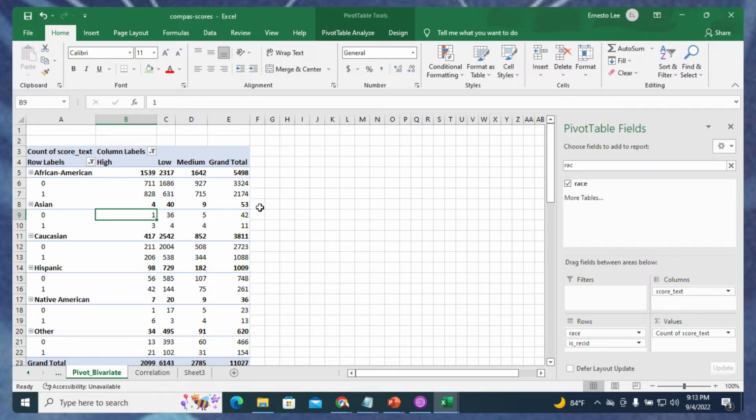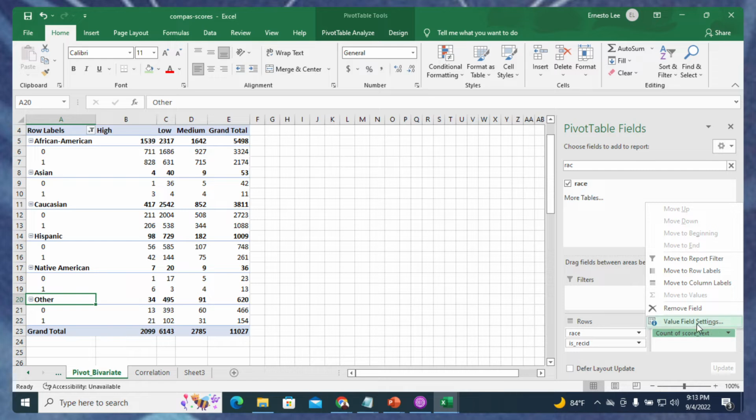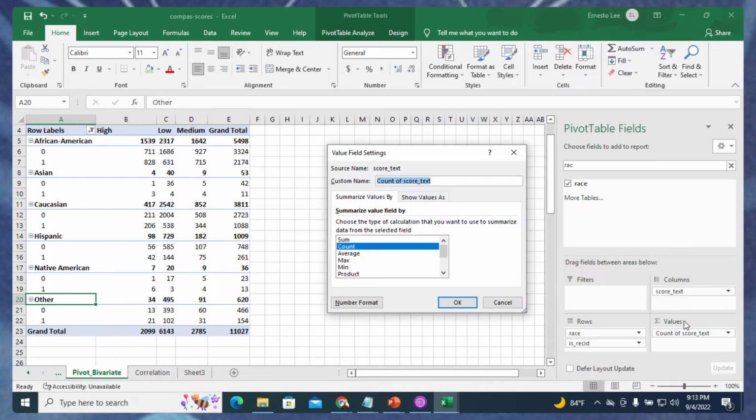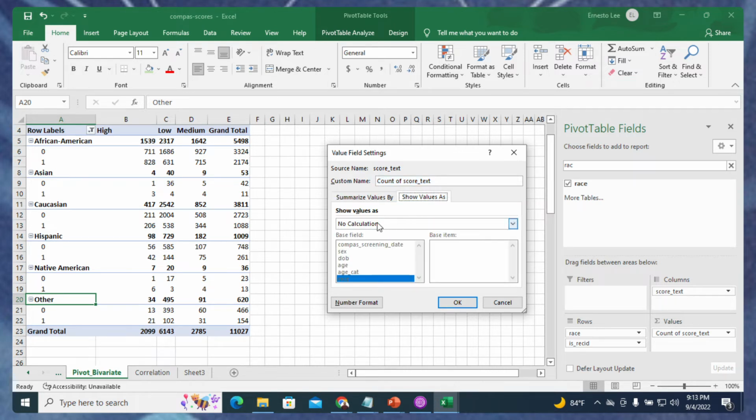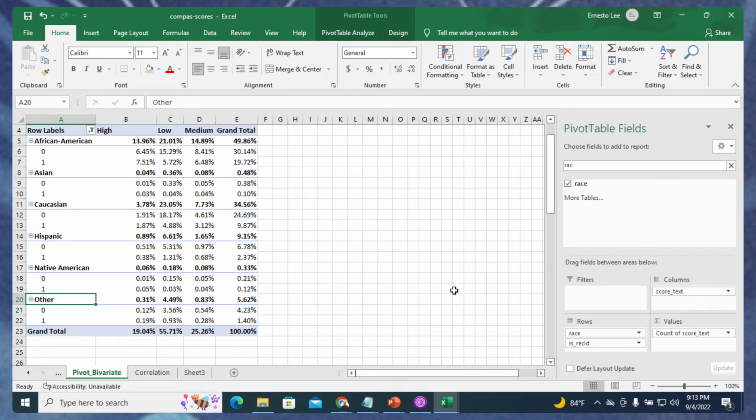Okay, so same thing here, right? You can see this is what the algorithm predicted by race. And you could go through the same thing. You can just look at a column, value field settings. I'm looking at 3 features, so it's a multivariate analysis. Show value as, just look at the columns. Percent, actually let's look at percent of grand total here. And then you just look for outliers.